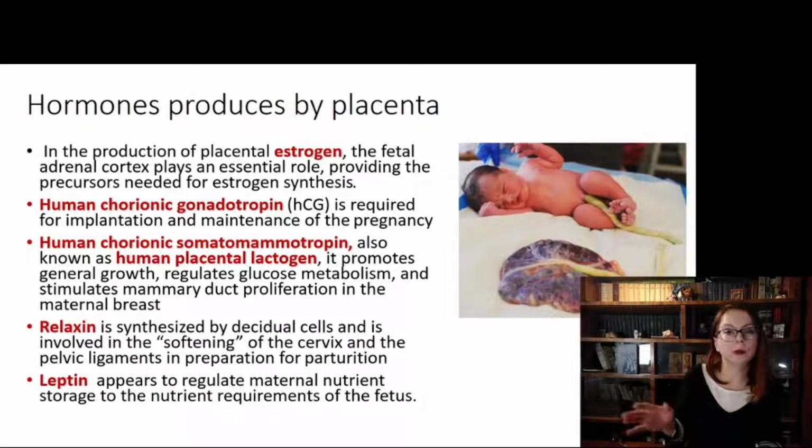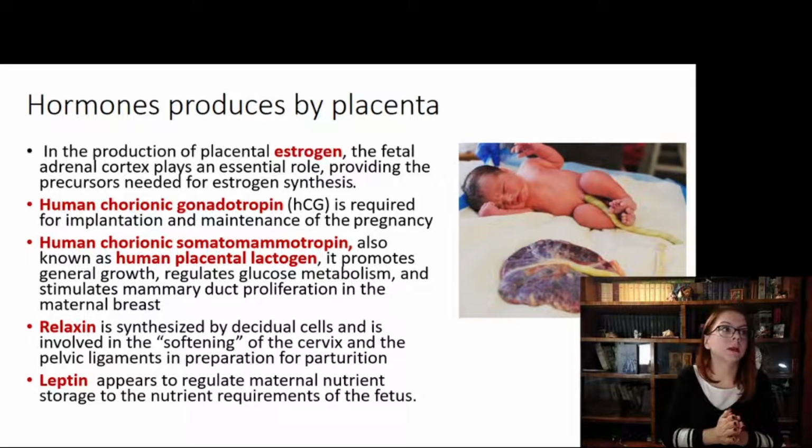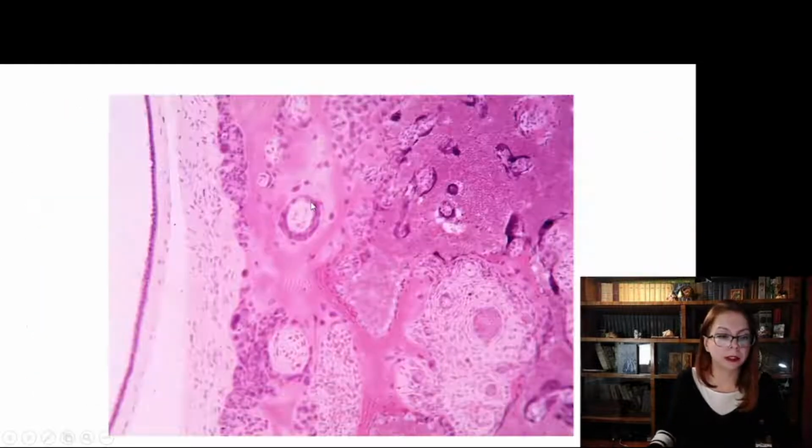Of course, there are many more produced by the placenta, but you should remember at least these. We consider them among the most important. Besides, human chorionic gonadotropin resembles luteinizing hormone and also thyroid stimulating hormone, so it affects the thyroid gland, and this should also be kept in mind.